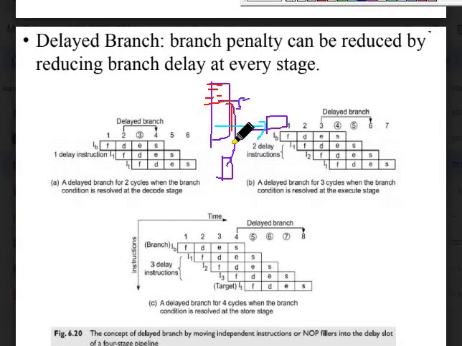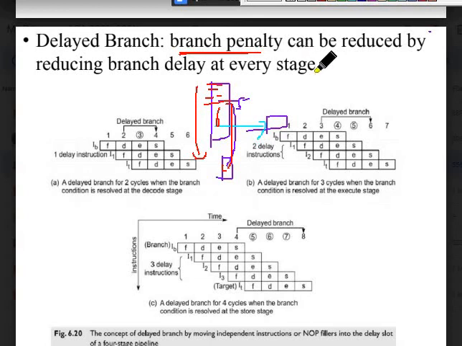If we take a lot of time to decide, then definitely the time taken to execute this complete program will be more. That time taken is called the branch penalty, because here we are not able to decide in a short time whether it is a UDF execution or a 6th line execution. If we reduce this delay as much as possible, we can reduce the branch penalty. So branch penalty is directly proportional to the delay in every slot.